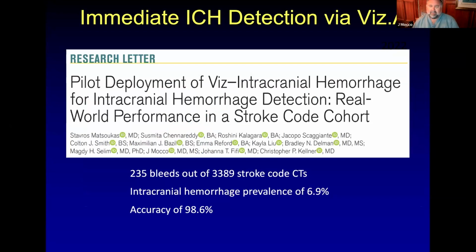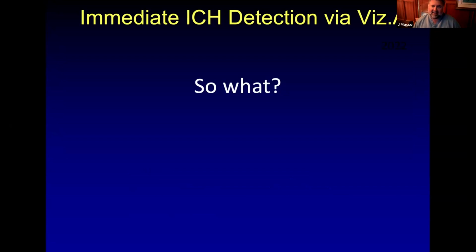Now, these are stroke codes, which doesn't mean they were actually all strokes. As many of you who cover busy emergency rooms know, actual strokes with true neurologic deficits are often a limited number of the stroke codes that you actually get called. But what we found was an accuracy level approaching 99%, and this is published, and you can go look at it and see the data behind that.